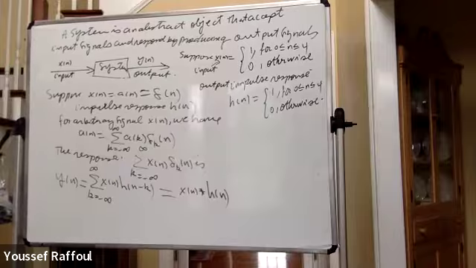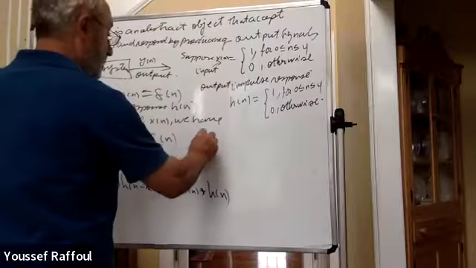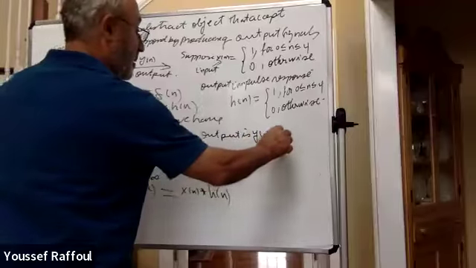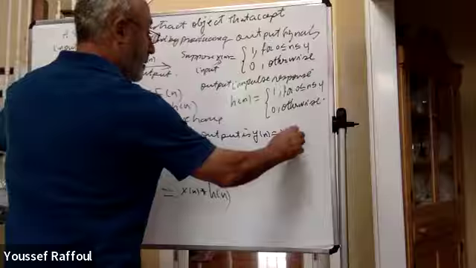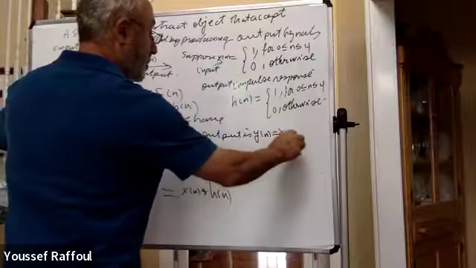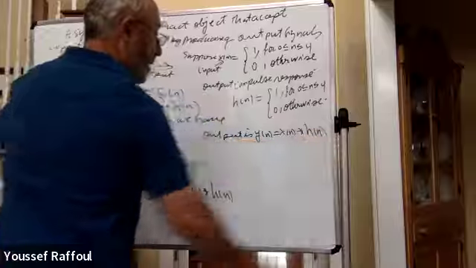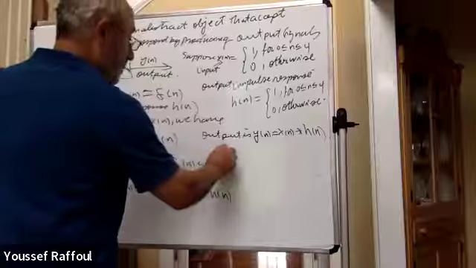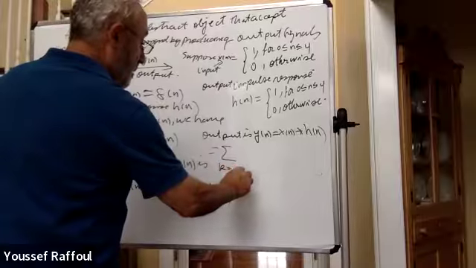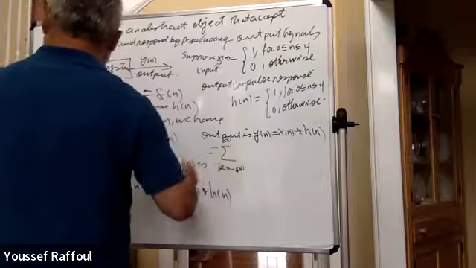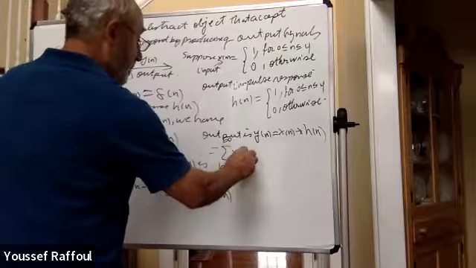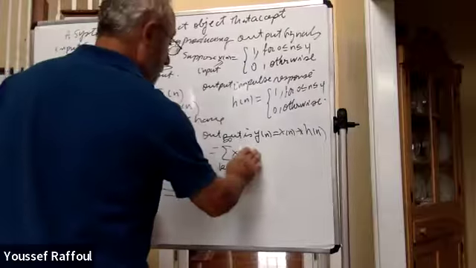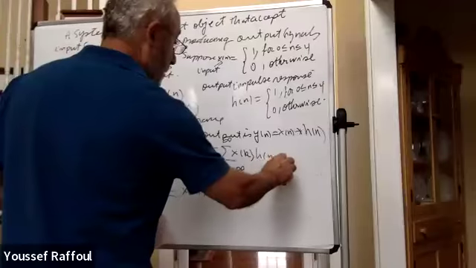So the output is y(n) equal x(n) star h(n). And that is the sum from k equals minus infinity to infinity of x(k) h(n minus k).